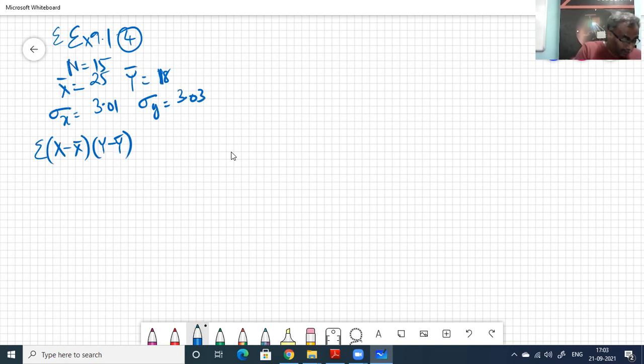Summation of product deviations of X and Y series from their respective arithmetic mean, that is equal to 122 is given.